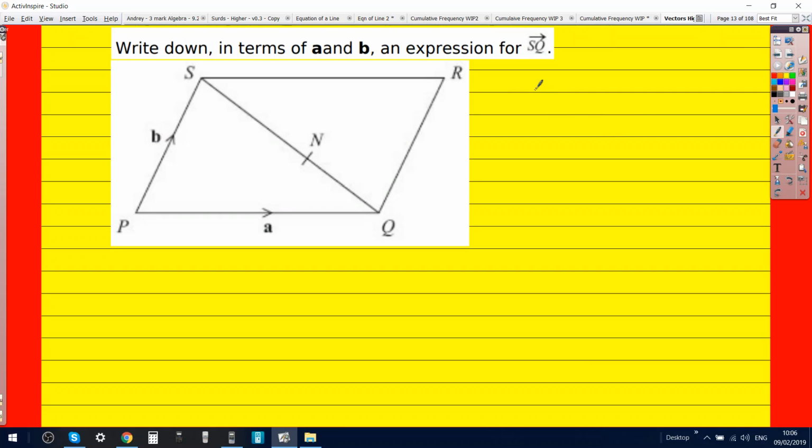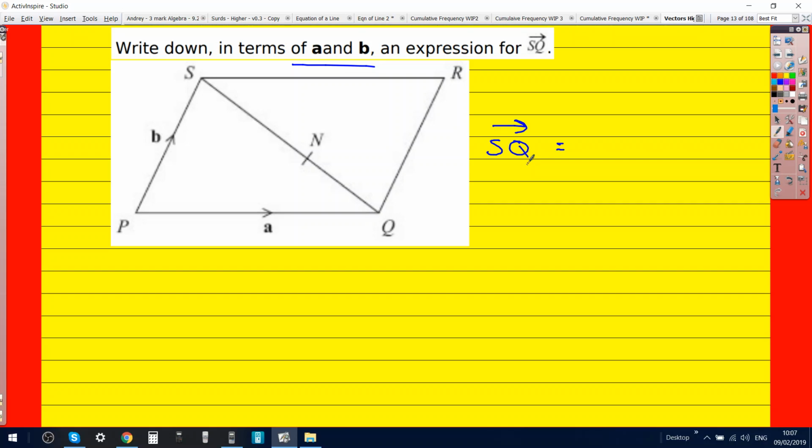Okay, so this one, S to Q. Is it B? No, sorry, N. In terms of A and B. Would it be plus A? Yeah. Okay.